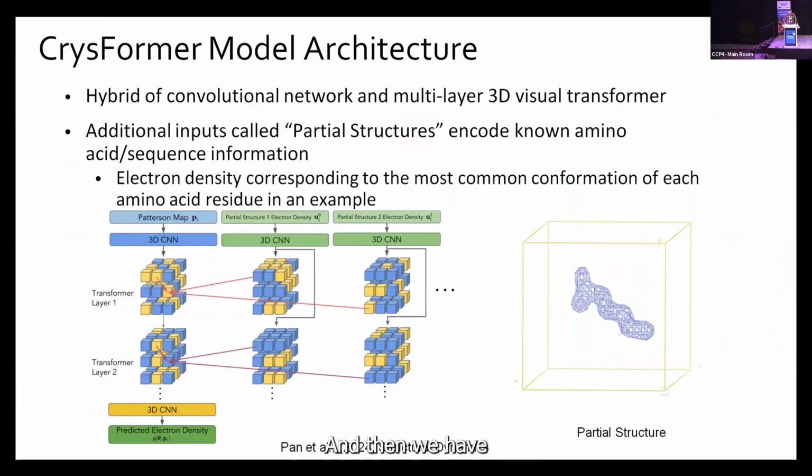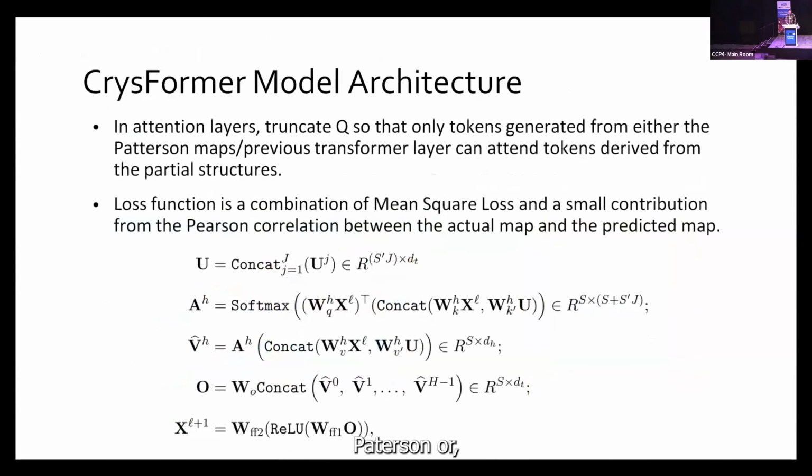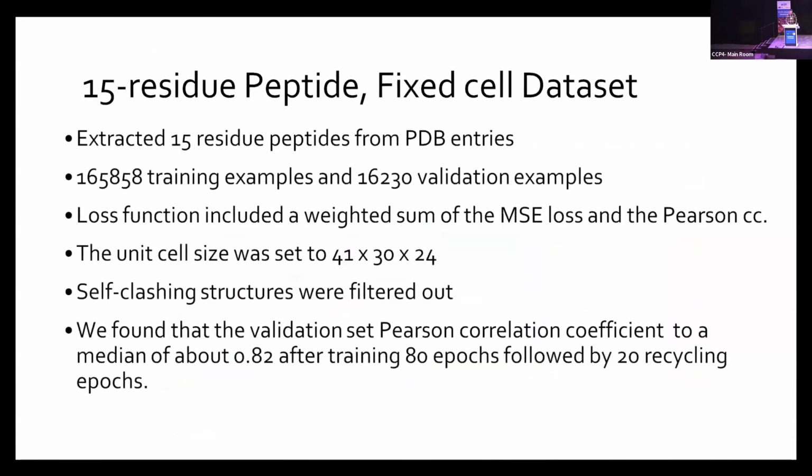Then each of the standard partial structures of the standard rotamers come in as input, and we have a one-way attention mechanism that goes from the partial structures to the Patterson part.